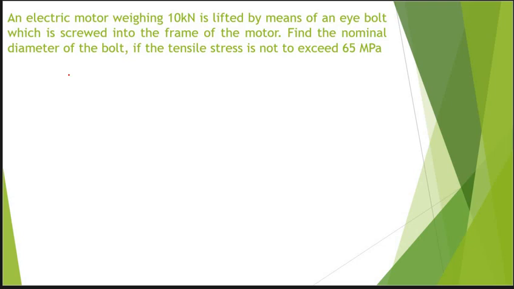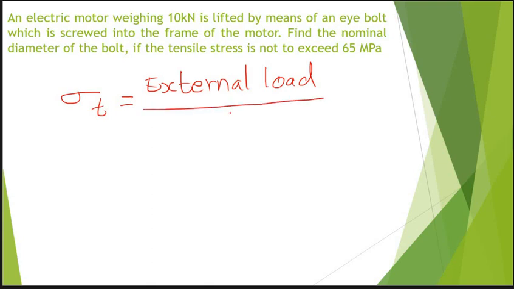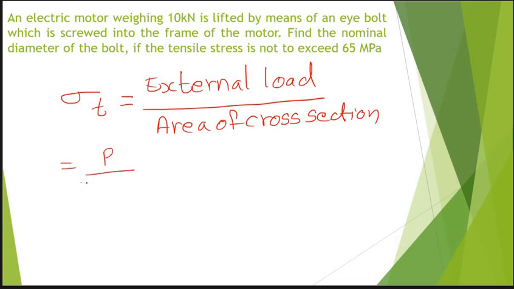So we have the relation between stress and load. The induced tensile stress sigma T is equal to external load divided by area of cross section. The external load is P, and the area of cross section is pi by 4 dc square, where dc is the core diameter.